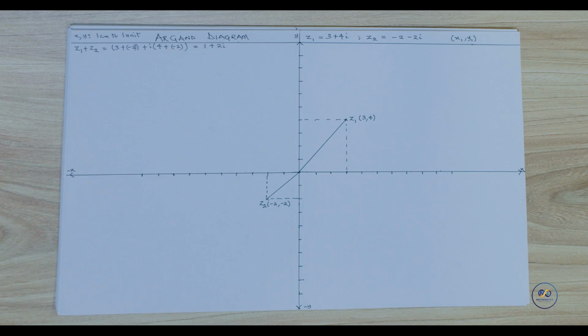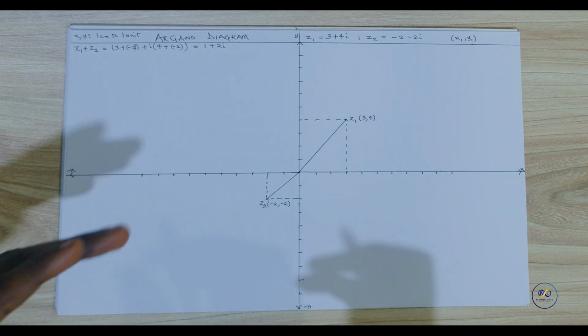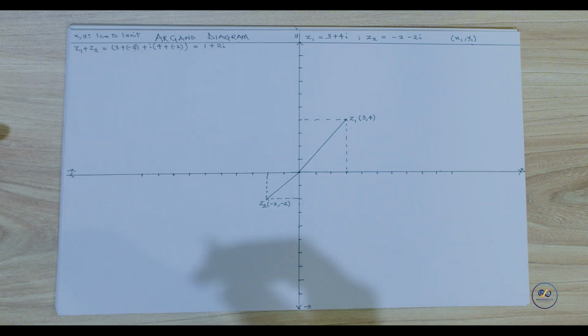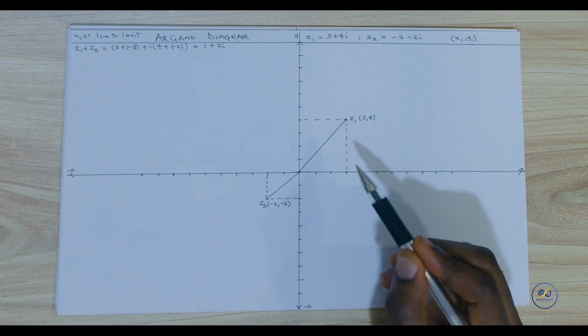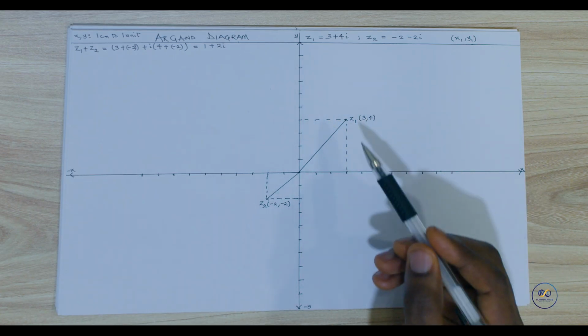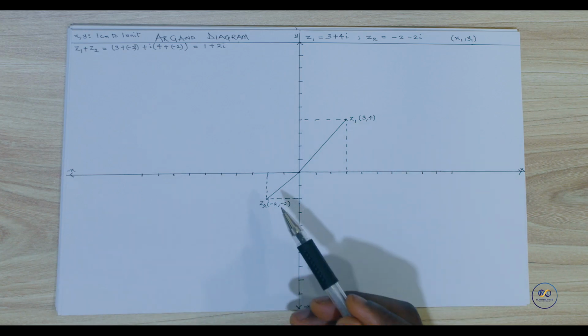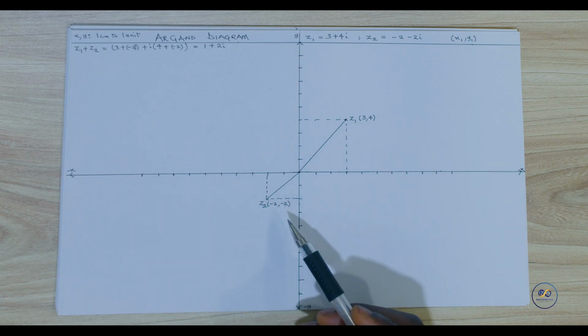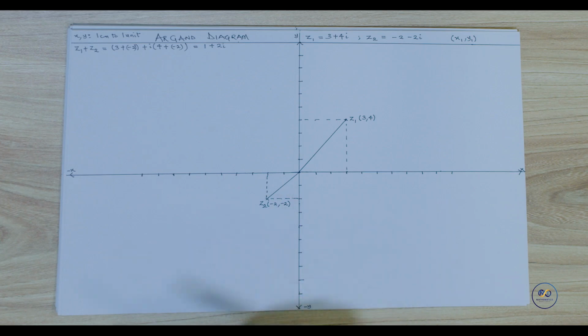So if this is our final result, let us see if we can utilize the diagram to also generate this addition. To do that, we will overlay the lines representing the complex numbers over each other. Z1, which is 3 + 4i, is represented here, and Z2, which is -2 - 2i, is also represented here.